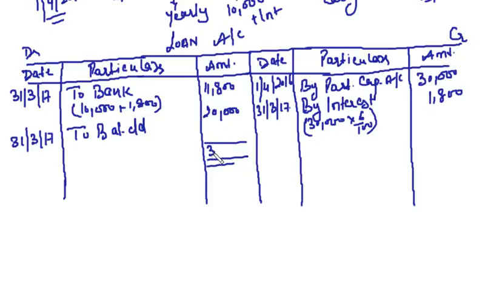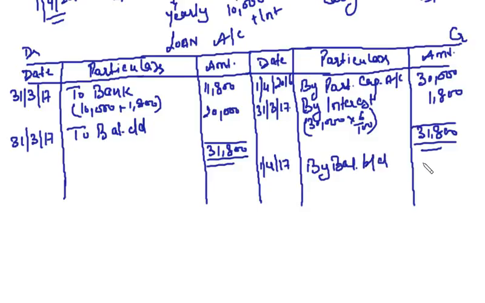This is 31,800 and 31,800. Now when you come to the next year 1/4/17, you will say I have a balance. By balance brought down, you will say you have a balance of 20,000. Right?